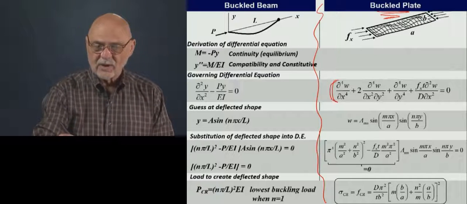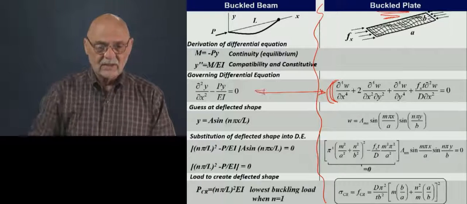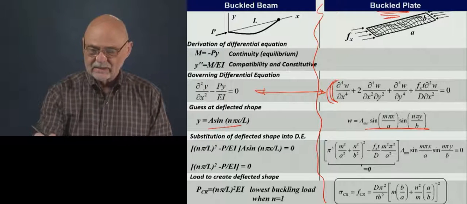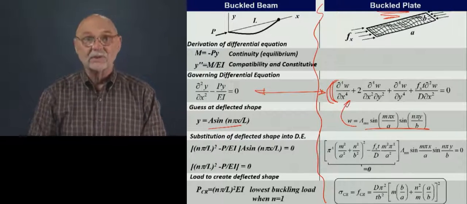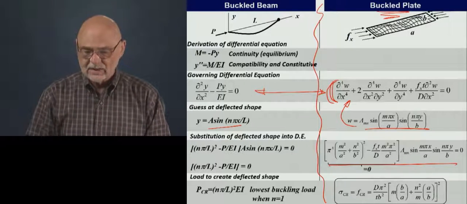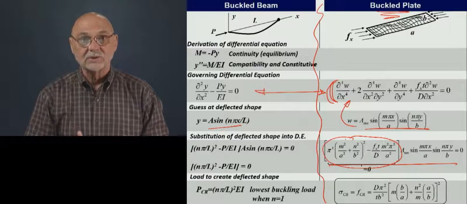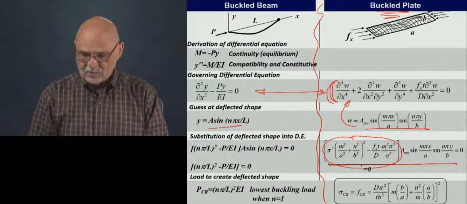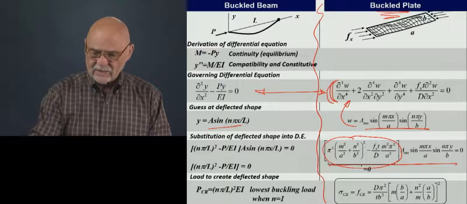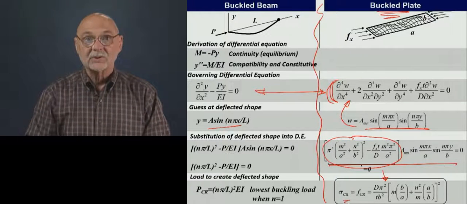Some of the equations are much more complex, but the analogy is still there between the differential equation, guessing a solution, and plugging that solution into the differential equation. That gives us an algebraic equation, and for each we saw that this bracketed term has to be equal to 0 to be true to the physics. And then when we do that, we end up with a relationship that gives us the buckling stress.